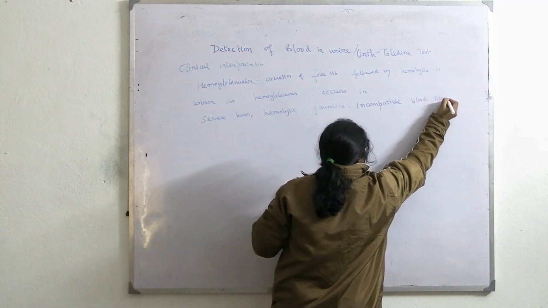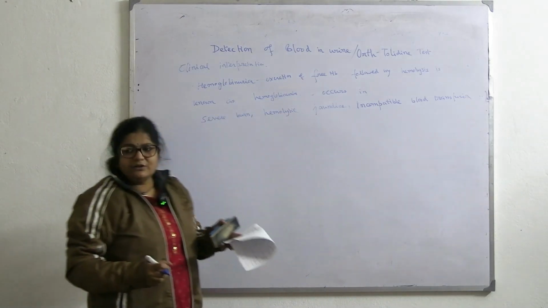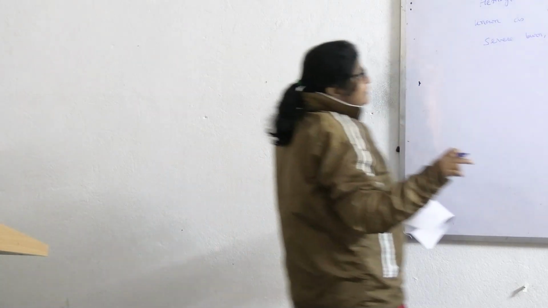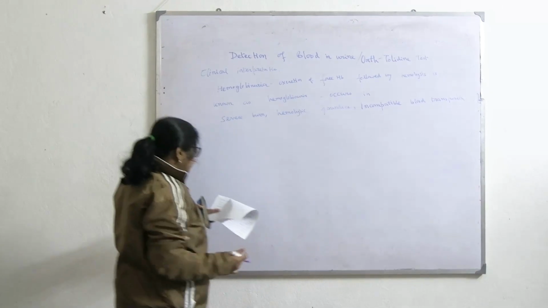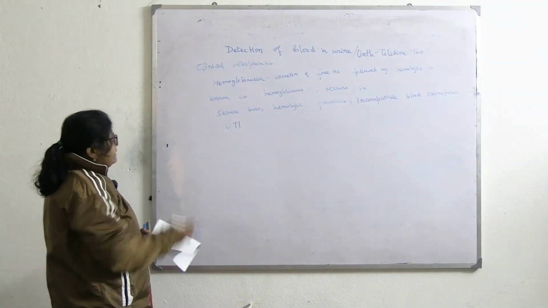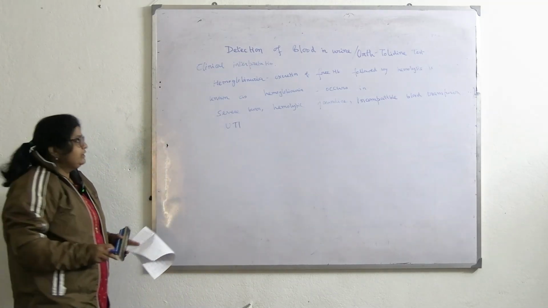It is an offense. So before blood transfusion, you should be very careful that blood is properly matched. Otherwise registration will be cancelled. Also UTI, urinary tract infection. These are the causes of hemoglobinuria. Means free hemoglobin is released in urine.